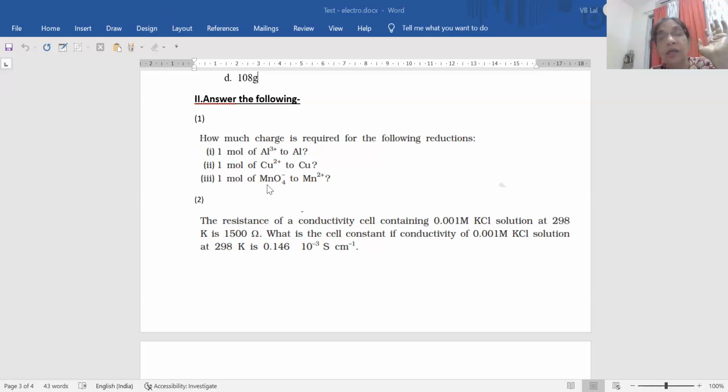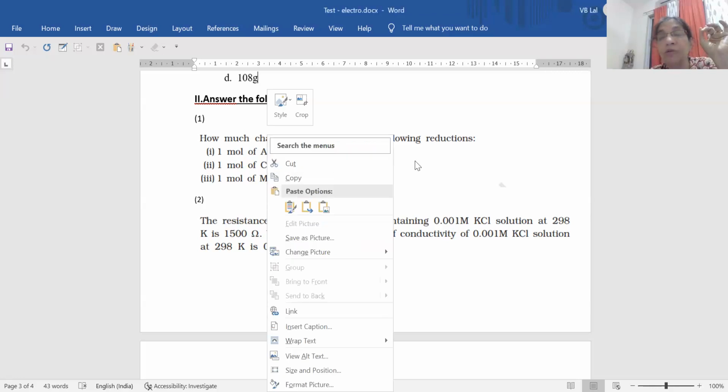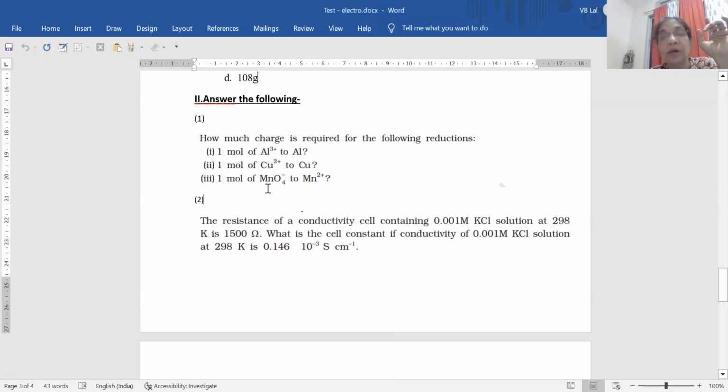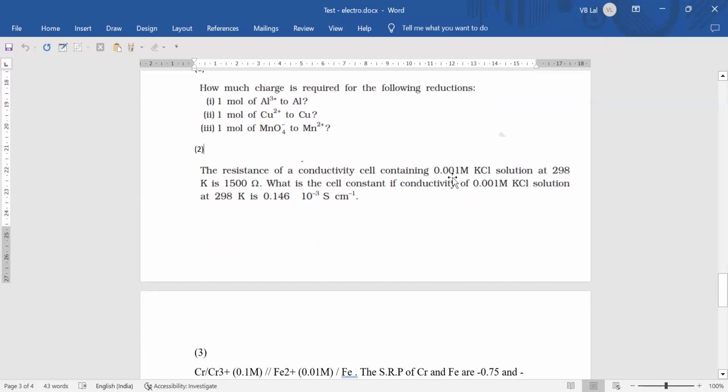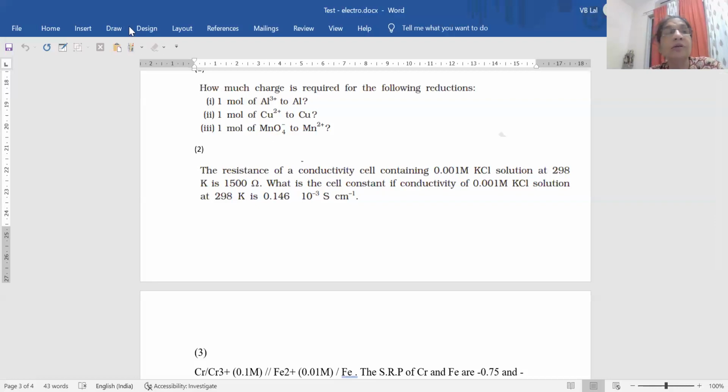Why? Because here Mn, manganese, is in the plus 7 oxidation state. In MnO4-, Mn is plus 7, isn't it? Can you make out that?